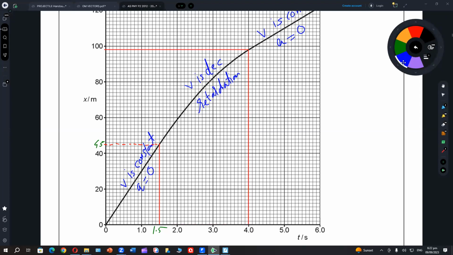Now, can anyone tell me what is this number right below 100? 98.